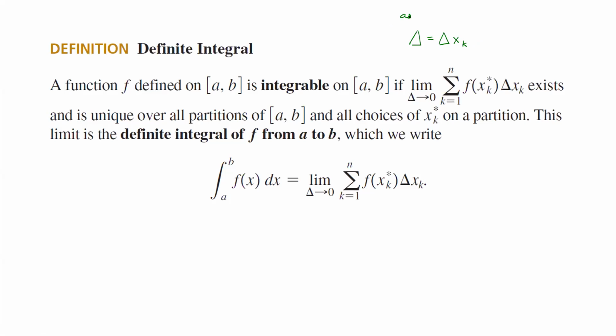We know as n goes to infinity, delta x goes to 0, so this is a generalization of that notion. This could be the same as writing the limit as n goes to infinity. And again, the reason they've chosen to adopt this notation is for technical reasons.